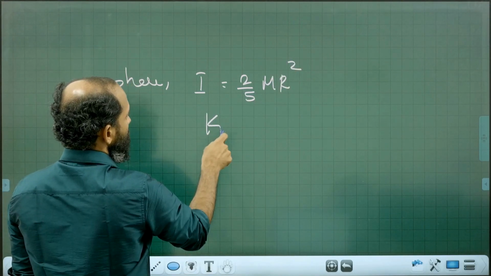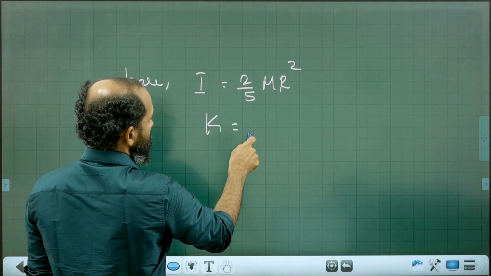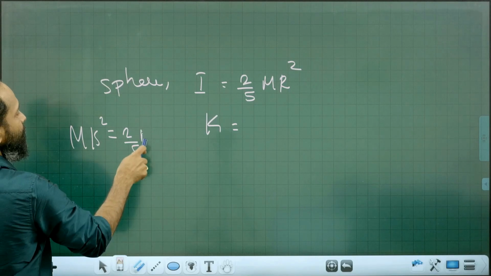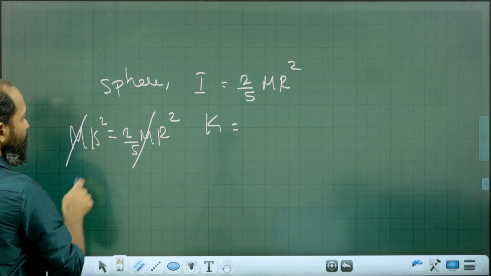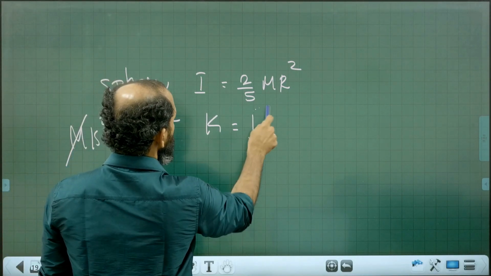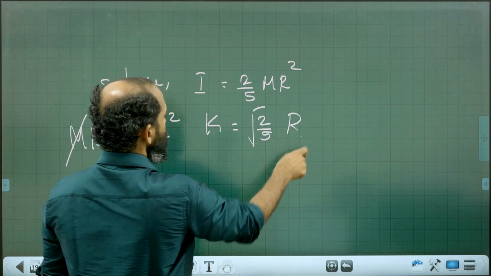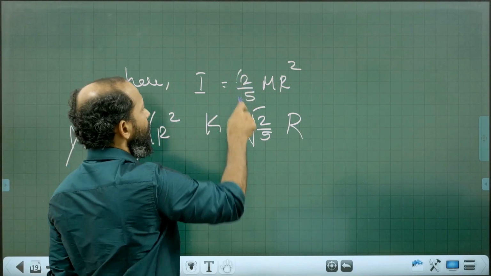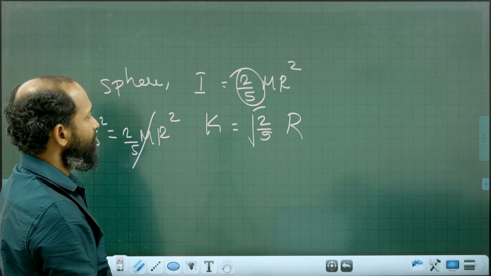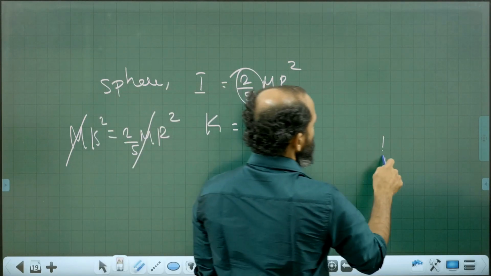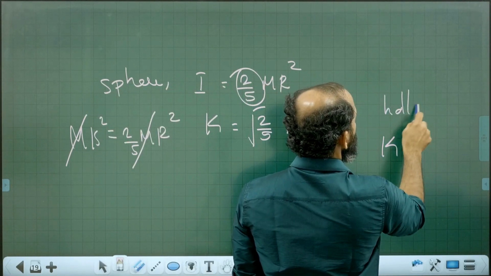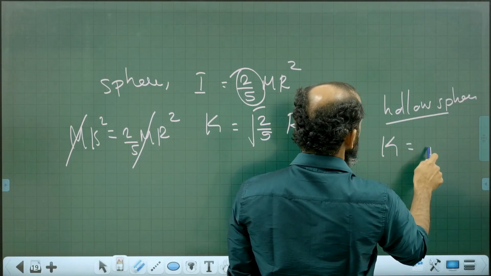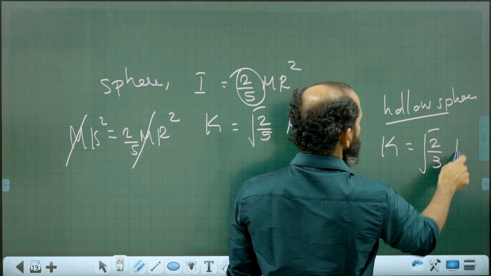So radius of gyration will be what? m k square is equal to 2 by 5 m r square. Strike out m. So k is equal to root of 2 by 5 into r. So that root of 2 by 5 is the coefficient. Take root of that. What about a hollow sphere or spherical shell? k equal to root of 2 by 3 r.